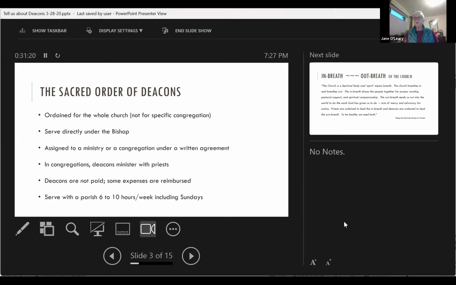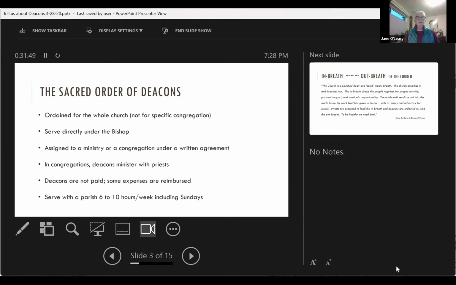deacons are, like priests and bishops, when you become that ordained agent of the church, you belong to the church. You don't belong to any congregation, even though we serve directly under the bishop, and the bishop will assign deacons to serve in a particular parish for a limited amount of time.